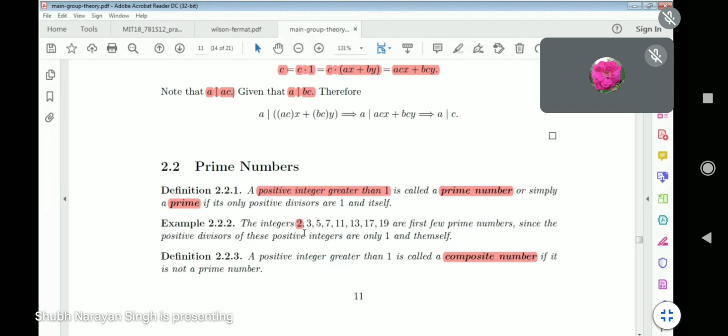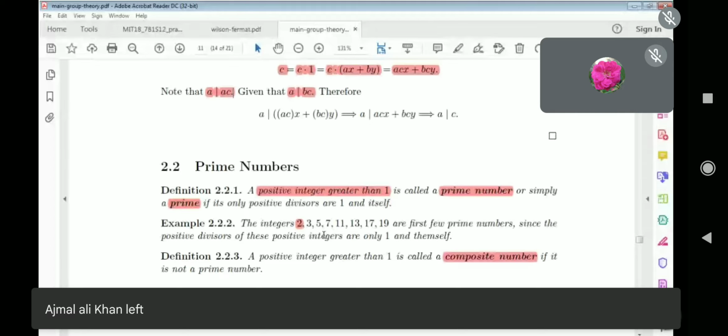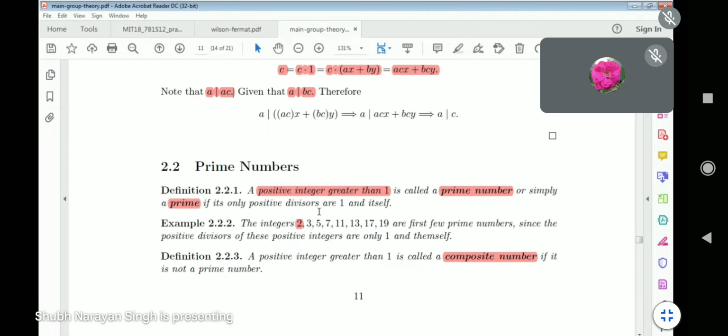Let me list the first few prime numbers: 2, 3, 5, 7, 11, 13, 17, 19. The integer 1 is neither a prime number nor a composite number by the formal definitions of these two terms.